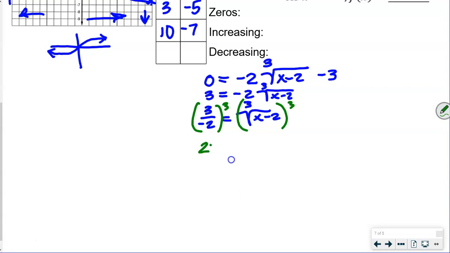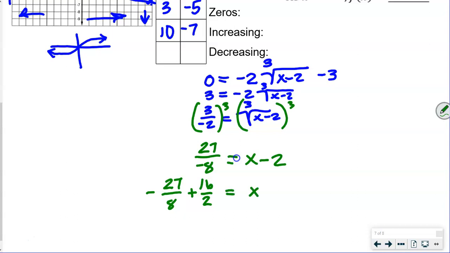So that's going to give me 27 over negative 8. And that's going to be equal to x minus 2. So now we're going to add 2 to both sides, right? So this is going to be negative 27 over 8. And we're going to add the 2. So I'm going to make this an improper fraction. So we're going to add to it 16 over 8. And that's going to be x.